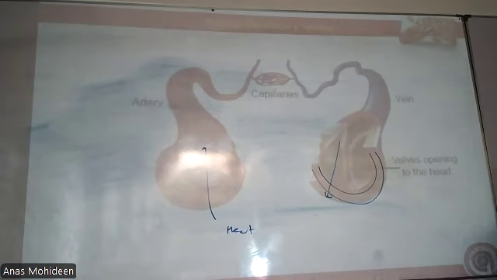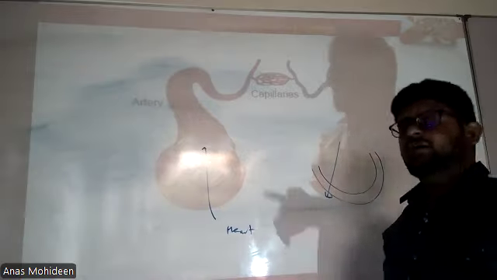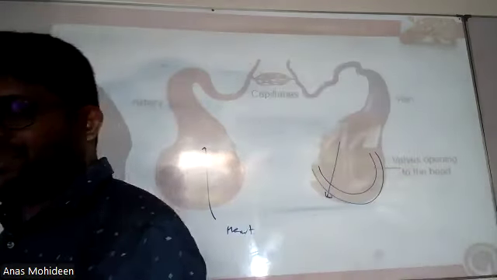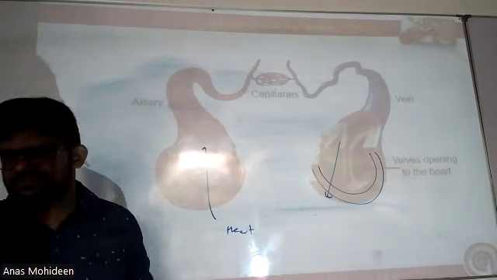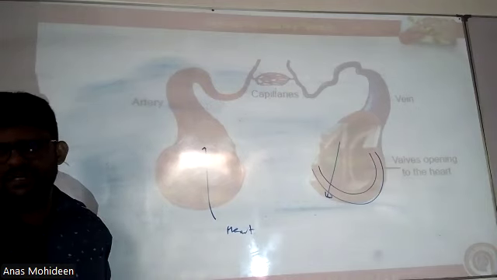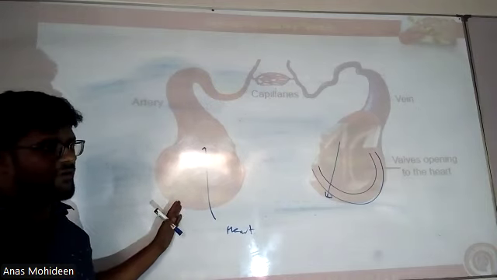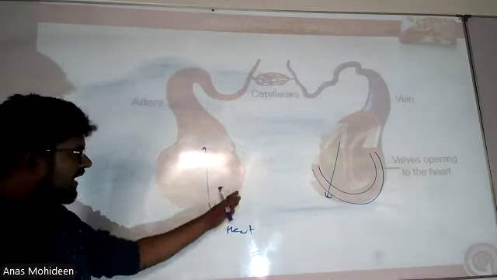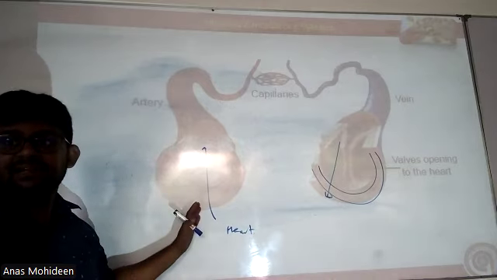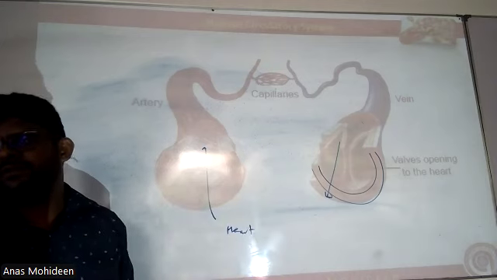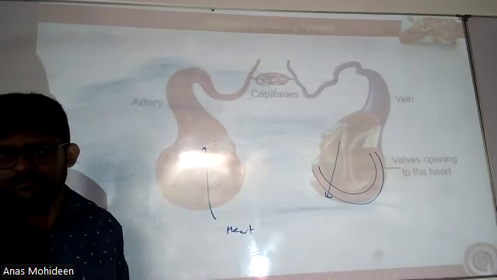So to withstand this lower pressure, they don't need a greater thickness or greater elasticity. That is why the thickness of the walls of arteries and their elasticity is greater than that of the walls of veins. Is that clear?